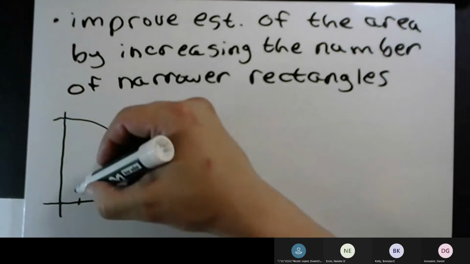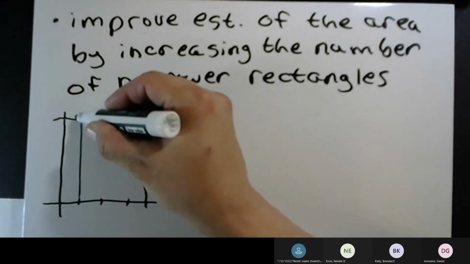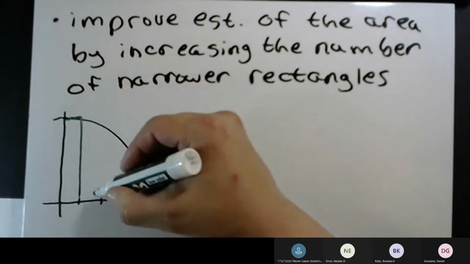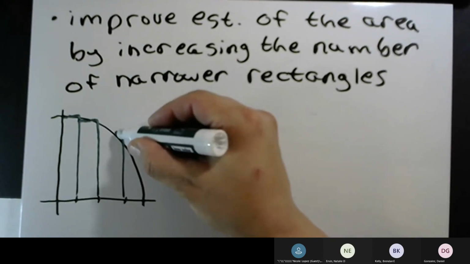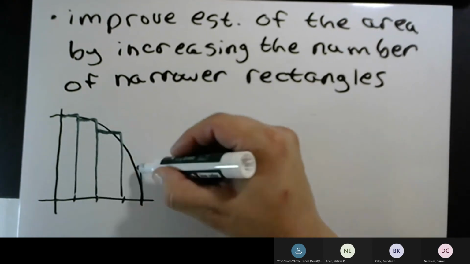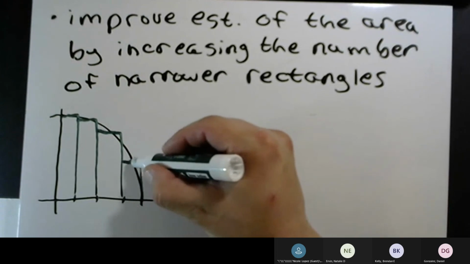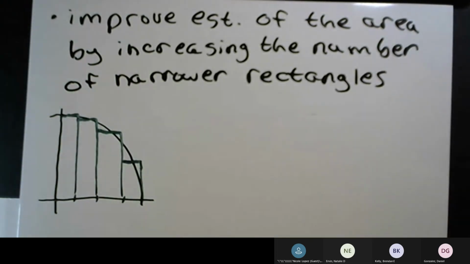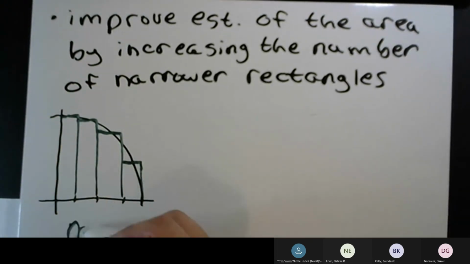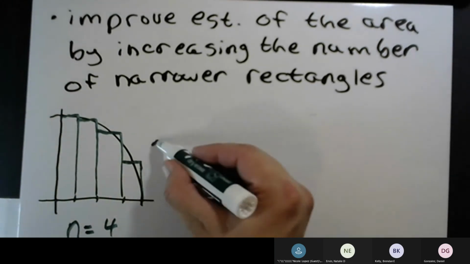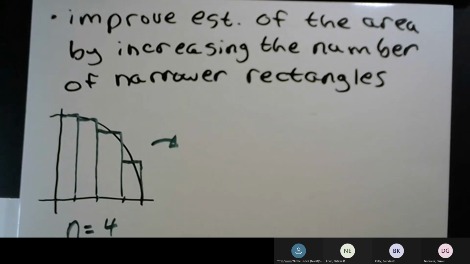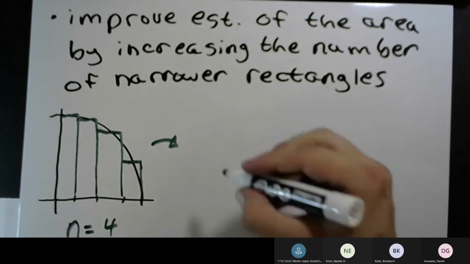So what we've done today is we've worked with this estimation. And this is when we have number of rectangles is equal to 4. But we can improve this.